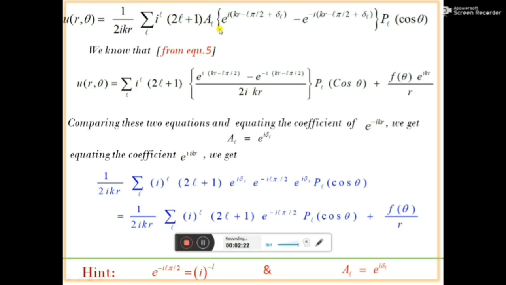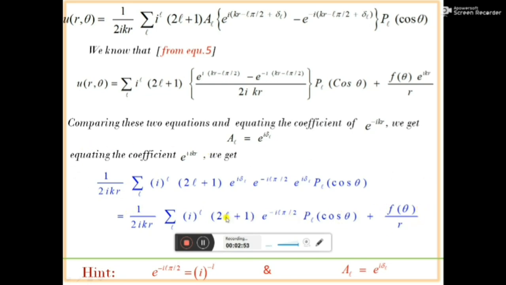Here this A_L is replaced by e power i delta_L, hence here e power i delta_L. Then e power minus i L pi by 2 and e power i delta_L multiplied by P_L of cos theta. This is the left hand side of this equation.